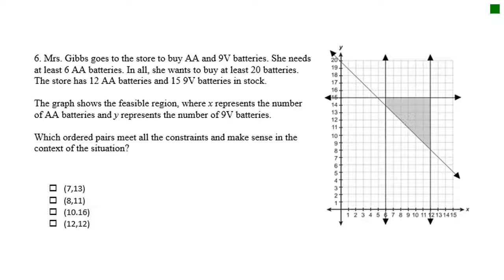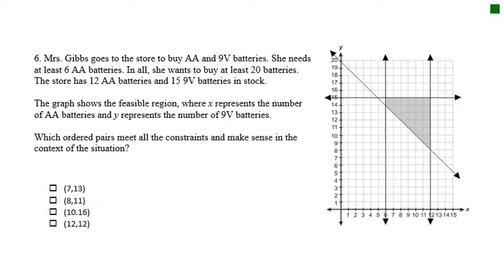Number 6 says, Mrs. Gibbs goes to the store to buy AA and 9V batteries. She needs at least 6 AA batteries. In all, she wants to buy at least 20 batteries. The store has 12 AA batteries and 15 9V batteries in stock.